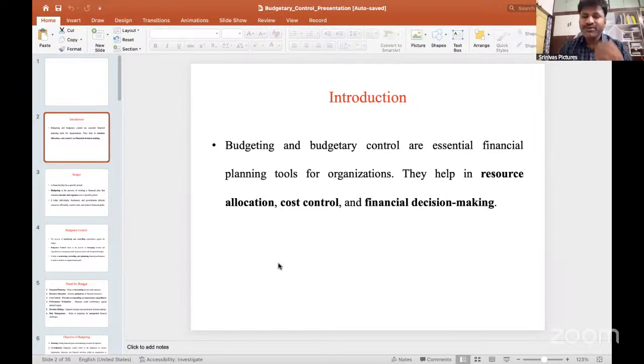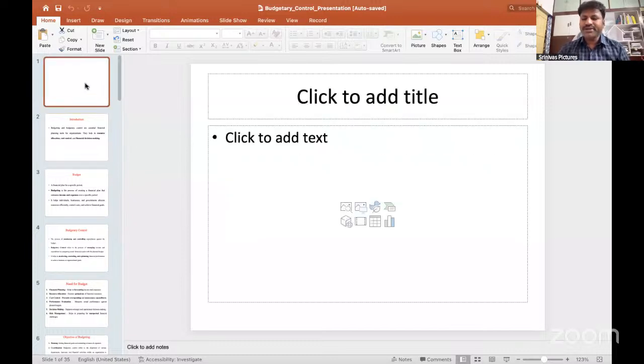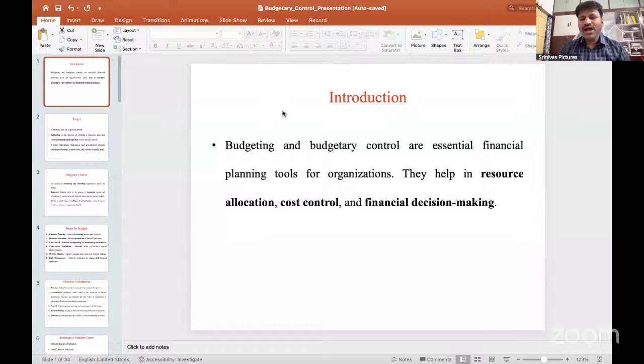Previously, we discussed the marginal costing techniques and marginal costing related problems. Today, I will talk about the theory chapter, that is budget and budget control. After that, in the next class tomorrow, I will explain the budget control related problems.